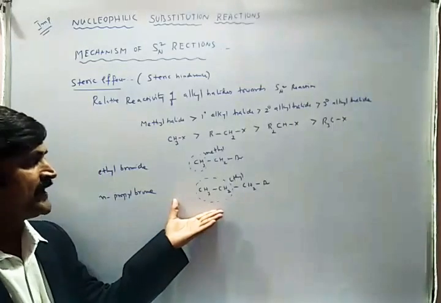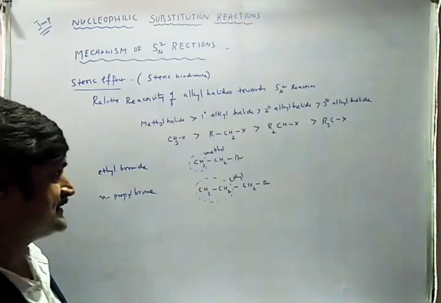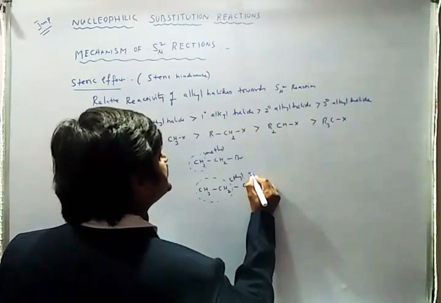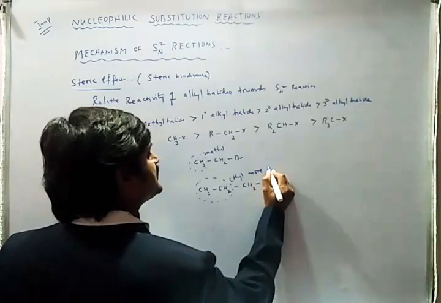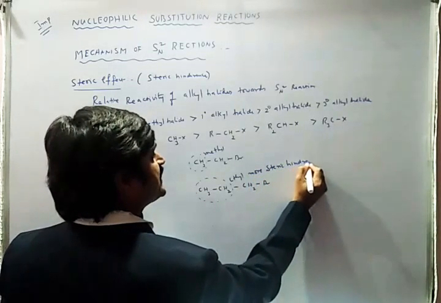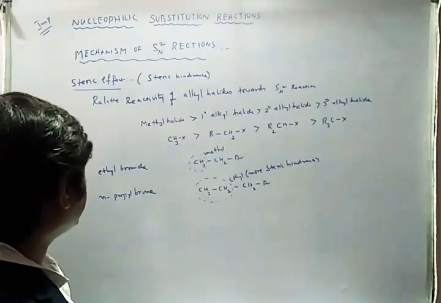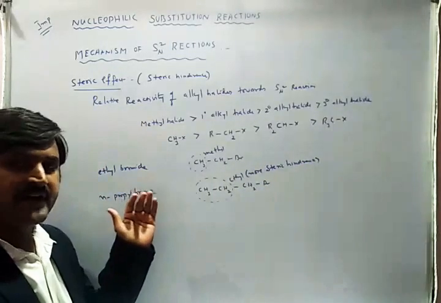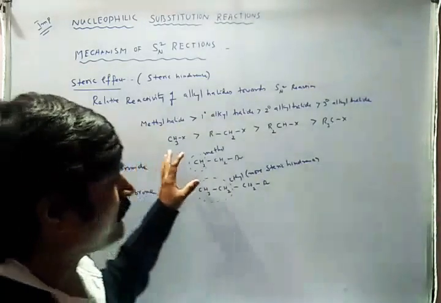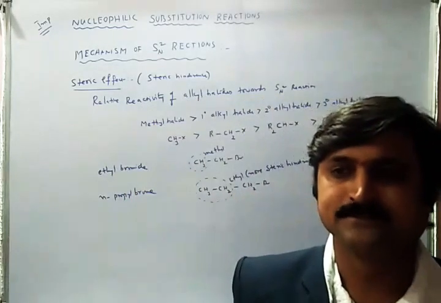This is propyl bromide. So which causes more hindrance? The ethyl group of propyl bromide causes more steric hindrance. Because of this, the reactivity of n-propyl bromide is lesser than the reactivity of ethyl bromide towards Sn2 reactions.